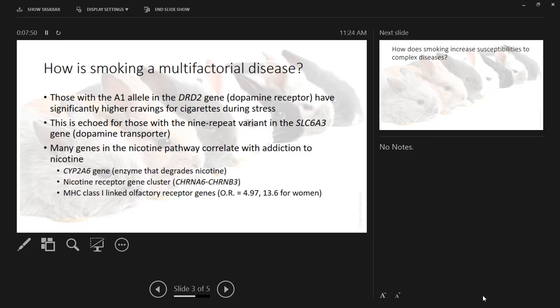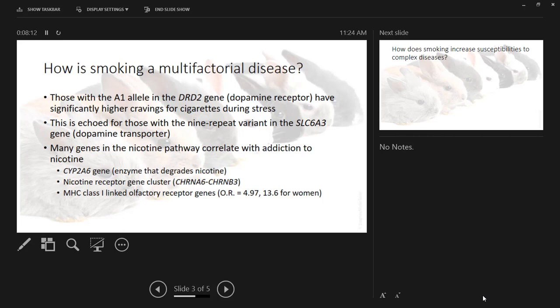Now, the MHC does not correlate with nicotine addiction, but it is physically linked to genes for an olfactory response that do correlate. And since it's physically linked, what does that mean as far as independent assortment is concerned? They don't.